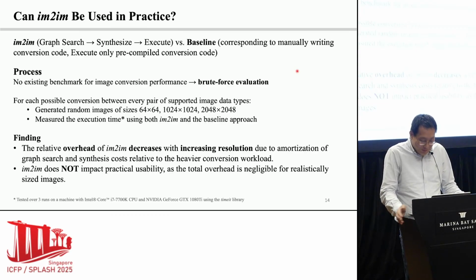This is because the cost of graph search and the code synthesis gets amortized compared to the larger workload of converting high resolution images. So im2im introduced negligible overhead, which means it doesn't impact practical usability, even with realistically sized images.